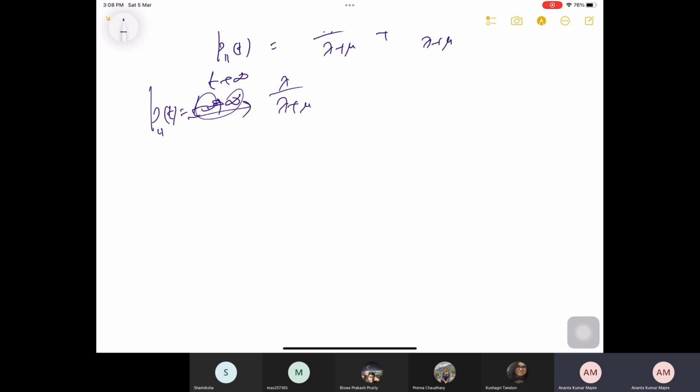But what it says is that if you know the transition rate matrix Q, then I can find out my transition probability matrix P. Okay, so another example I will consider.